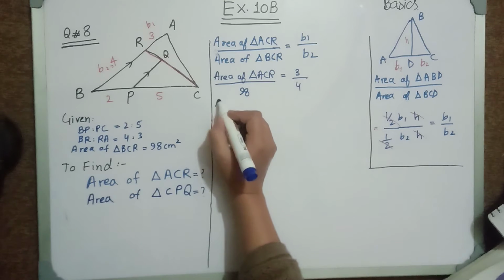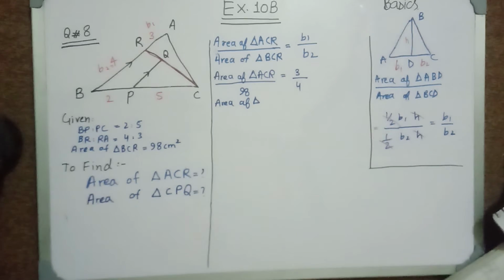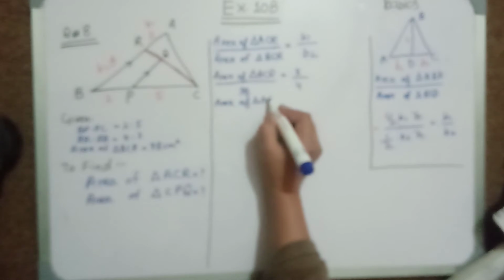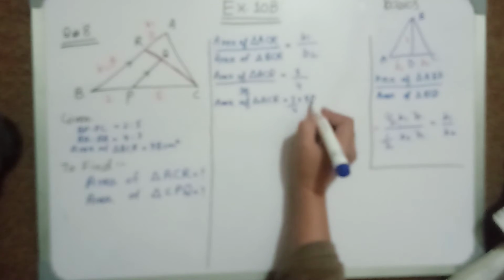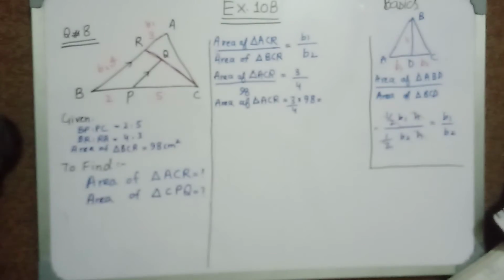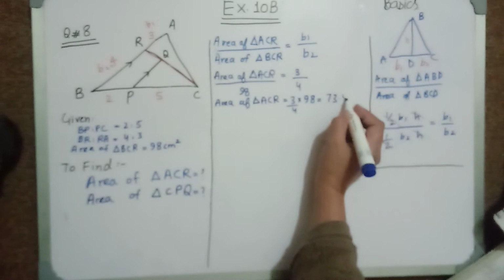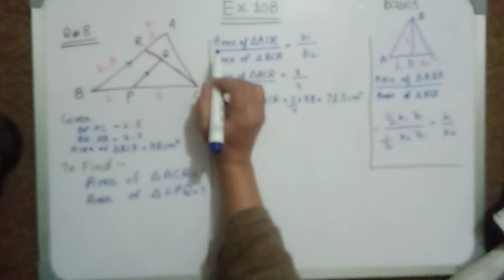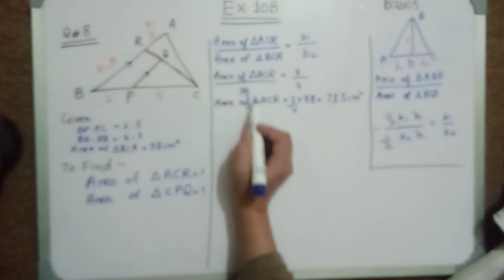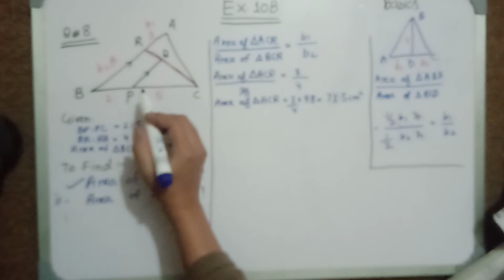So area of triangle ACR will be equal to 3 over 4 into 98, which comes out to be, on solving, 73.5 centimeter square. Now we have just found the area of triangle ACR, right? So we did the first part. Second part is to find the area of triangle CPQ, which is this triangle.